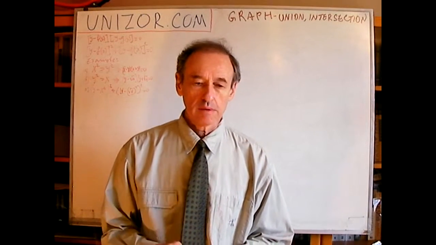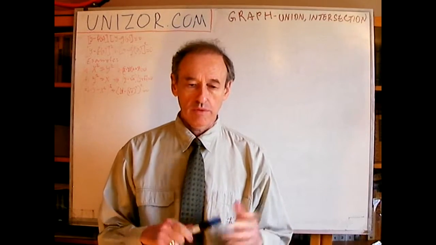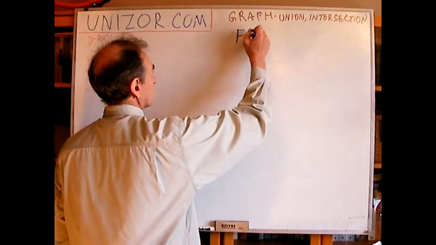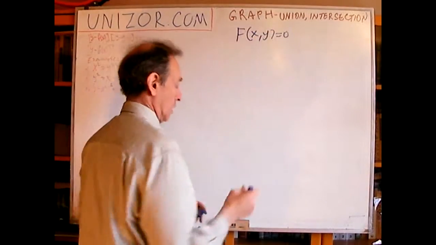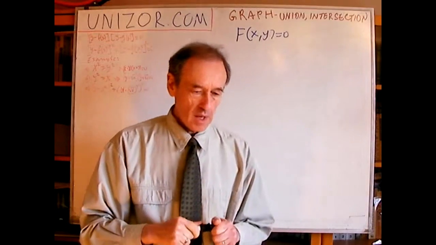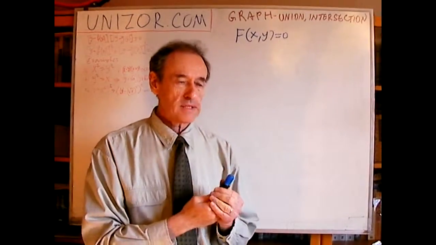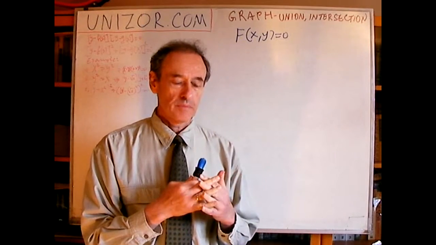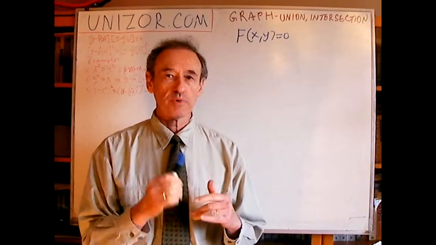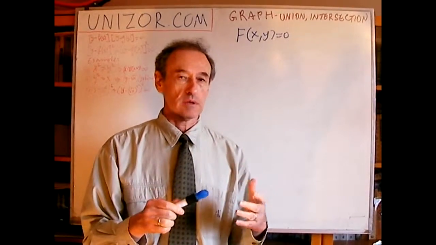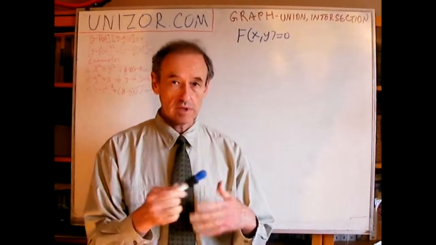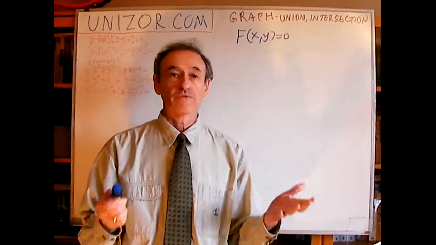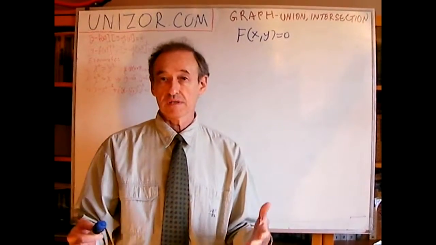I would like to expand the previous lecture where I was drawing certain graphs of equations like this. I would like to talk about set theory manipulations of the graph. What I mean is union and intersection, these set theory things. Let's consider that your graph should consist of two separate pieces.